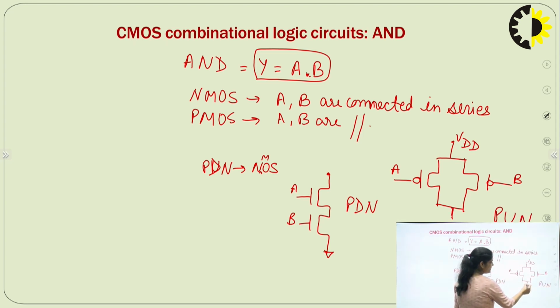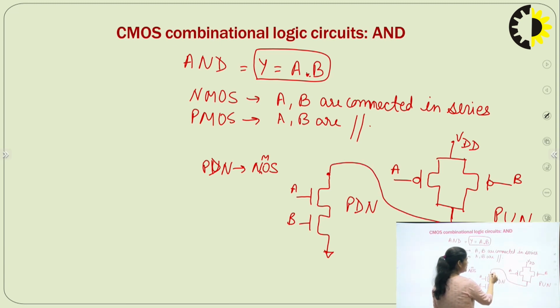The pull-up network is connected to the pull-down network. One terminal of the pull-up network is connected to VDD, and one terminal of the pull-down network is connected to ground. These are your inputs A and B, and the output you will get here. So this is the design of the CMOS implementation of the AND gate.